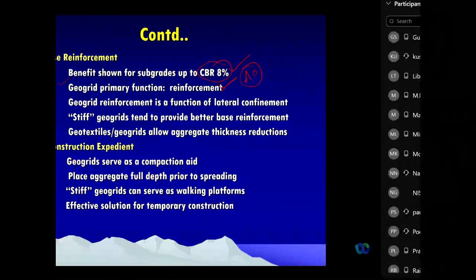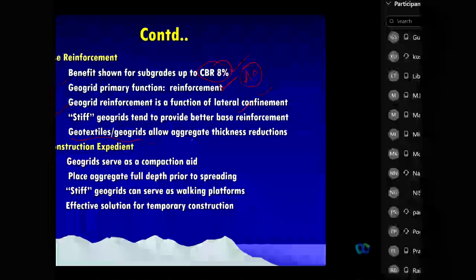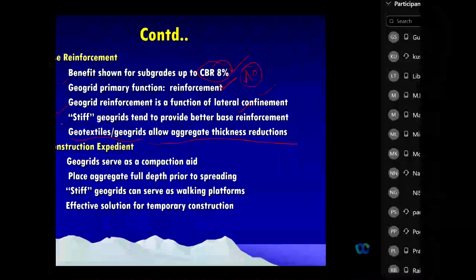Geogrid reinforcement is a function of lateral confinement, and the base reinforcement also involves stiff materials. Geotextiles or geogrids allow reduced aggregate thickness, and another benefit is that geogrids serve as a construction expedient, supporting base aggregate placed to the full depth prior to spreading, an effective solution for temporary construction purposes.